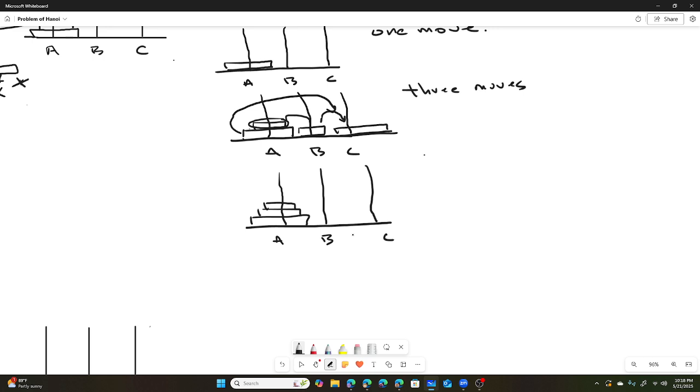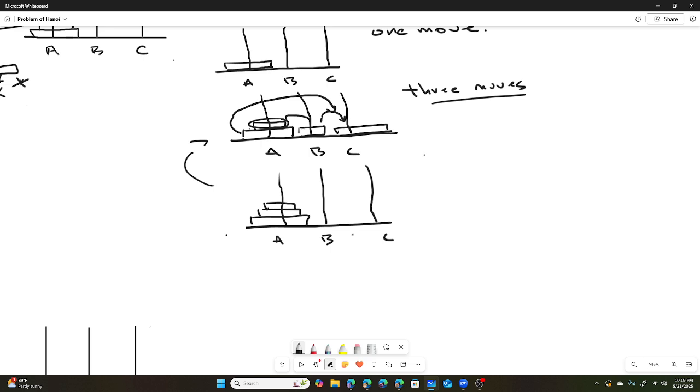I want you guys to think about it. I think the best way to think about this is to think about how we solve the case where there are only two disks in pin A. We are able to transport the two disks from A to C in 3 moves, right?